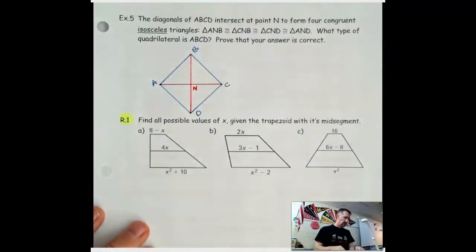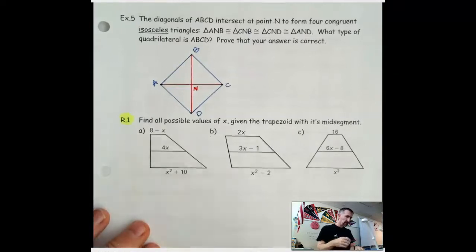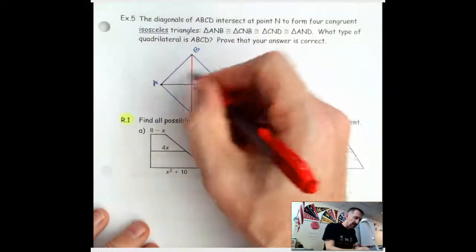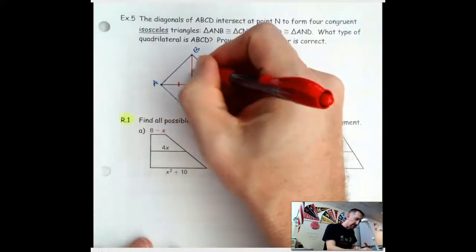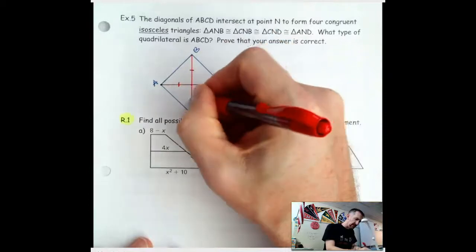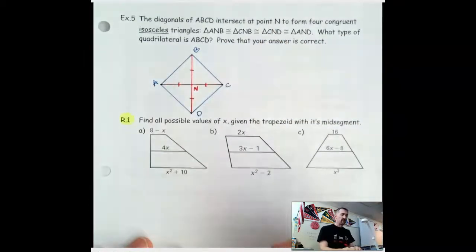So first of all, these are all isosceles, which means they all have two equal sides. So that, and that.